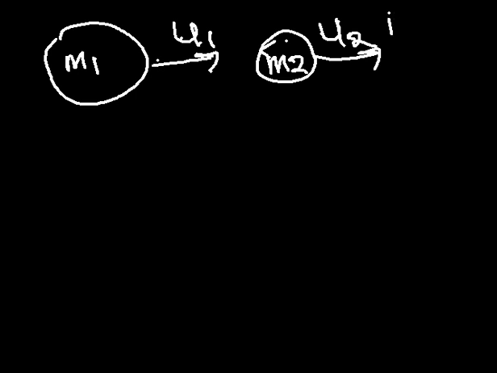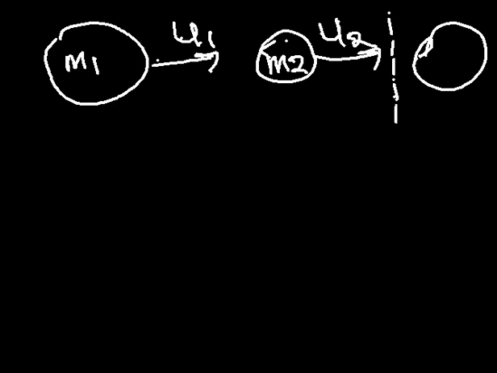And let's say after some point, at this point, object 1 collided with object 2. In this case, both objects now are moving together. Upon colliding, both objects are moving together.